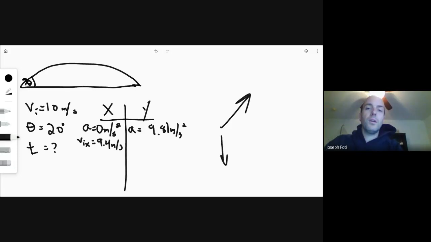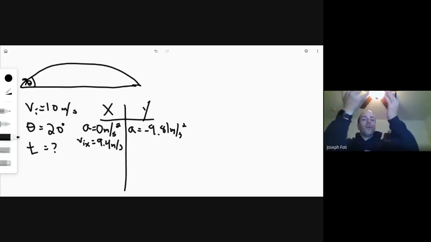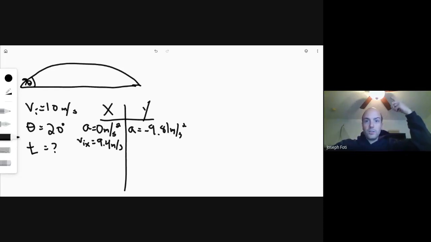And if you remember from vertical motion problems, the way to handle that difference in direction is to make it negative, right? So we're going to need to make this value negative, because the projectile kind of points up and gravity points down, and we need to show that difference in direction.